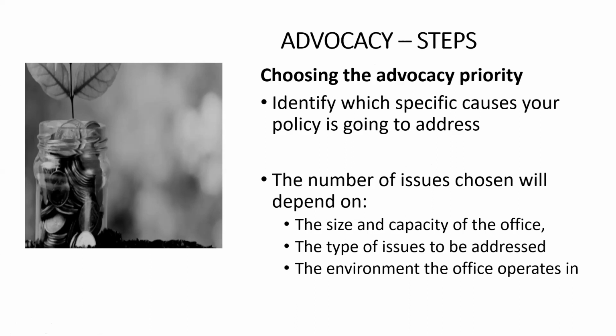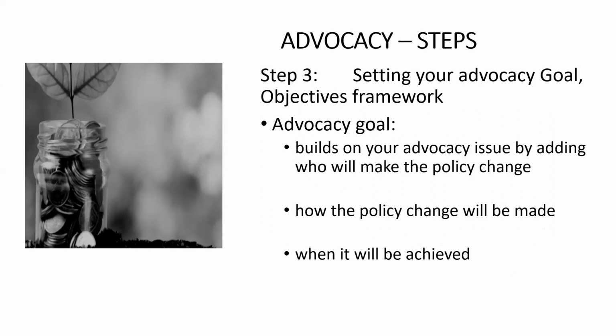We went through a set of issues related to the strength of the organization, including staffing and the availability of resources, which could be financial, human, technological, knowledge base, etc. The number of issues that you choose will be dependent on the size and capacity of your office, the types of issues to be addressed, as well as the environment in which the organization operates.